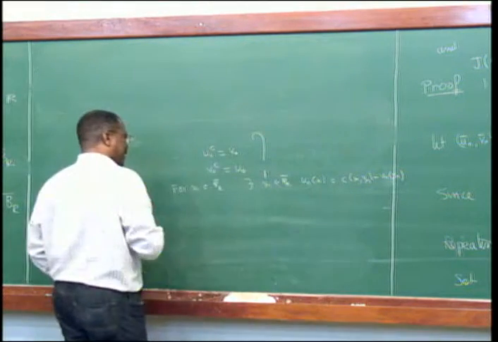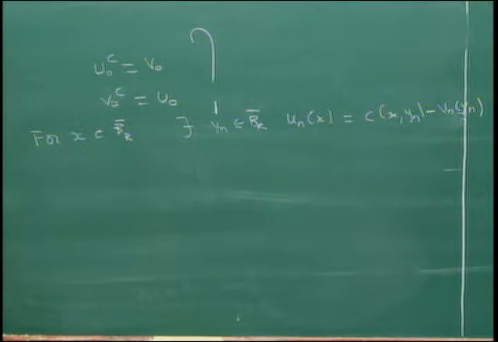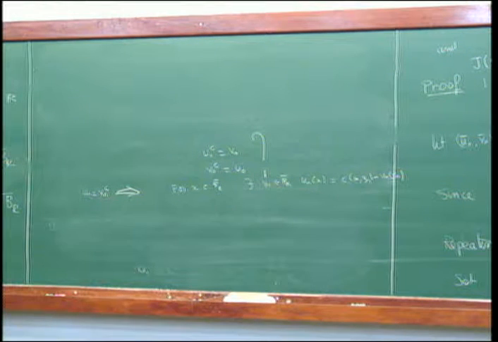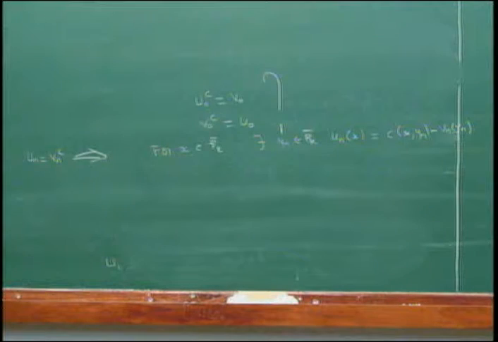So I am saying that the fact that Un is Vn^c implies that for each n I have that equality. Now take yn in the closed ball of radius r, therefore it has a subsequence which is convergent.